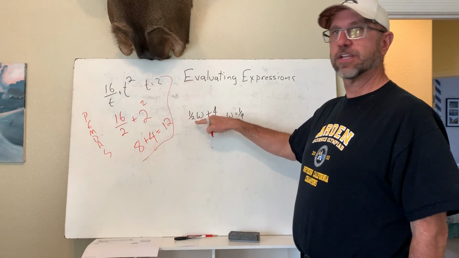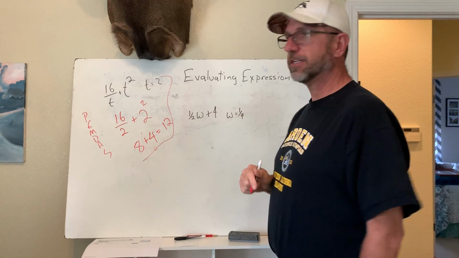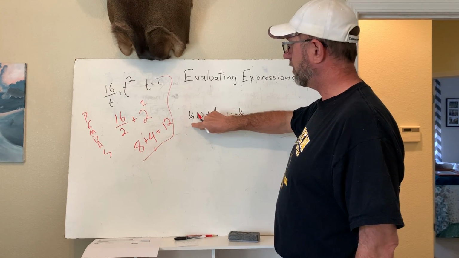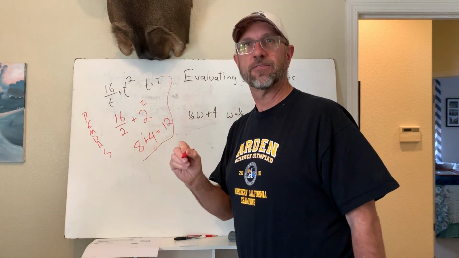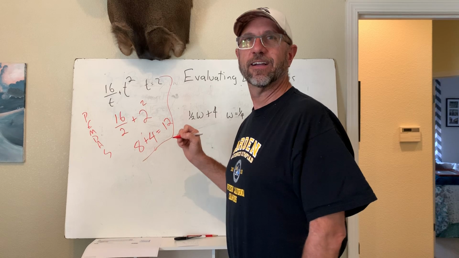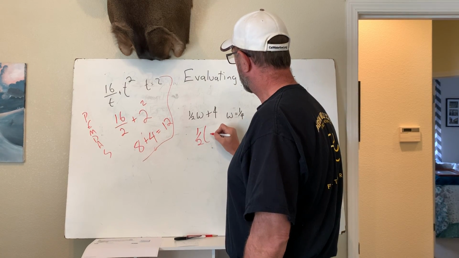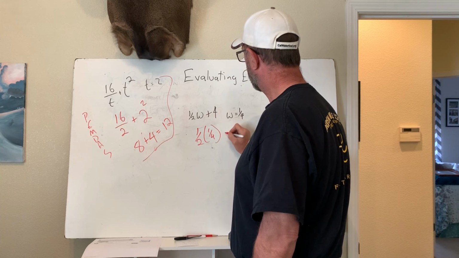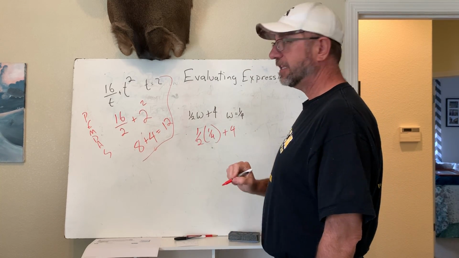We come over here, here's another one. 1/2 w plus 4, for w equals 1/4. Remember, if you have a number next to a letter, it means multiply. I know a lot of us hate multiplying fractions, but we just got to do it. Okay, here we go. 1/2 times 1/4 plus 4. 1/2 times 1/4, nothing to reduce.